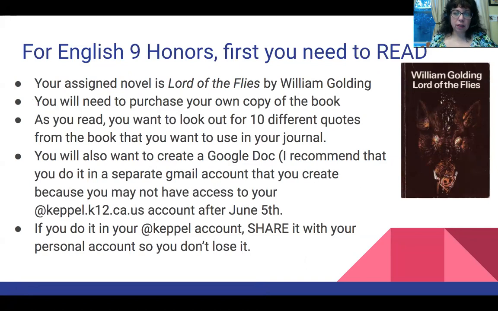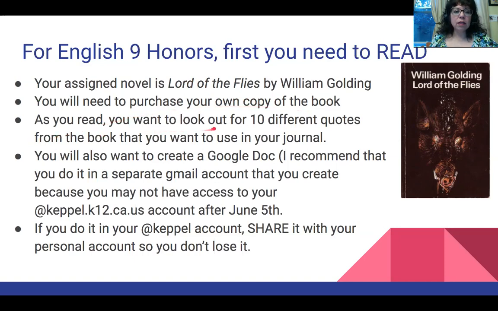Your parents are going to need to get that for you. If you go online and download the copy and pay for it that way, I guess that's okay, but you need to have it on something like, what is it called, Kindle or iBooks, where you can actually annotate and highlight and mark it. Okay, so you're going to need to purchase your own copy of the book somehow.